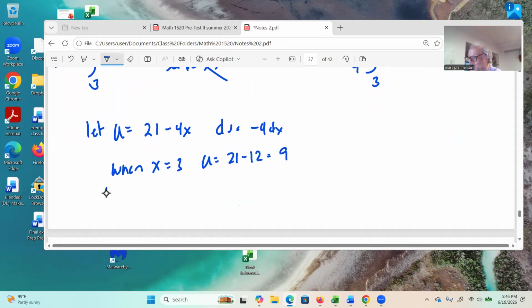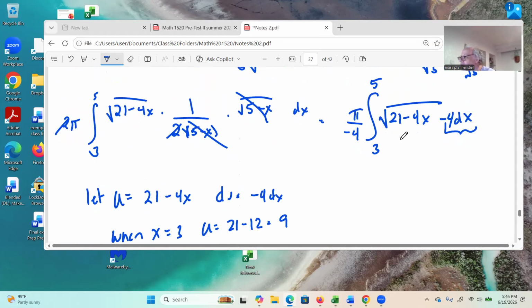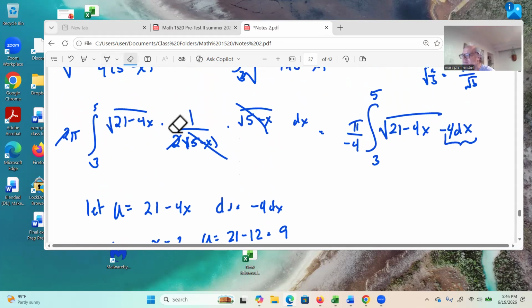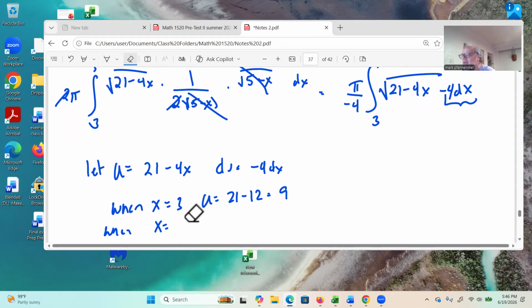When x is equal to 5, u is equal to 21 minus 20, 5 times 4, which is equal to 1.